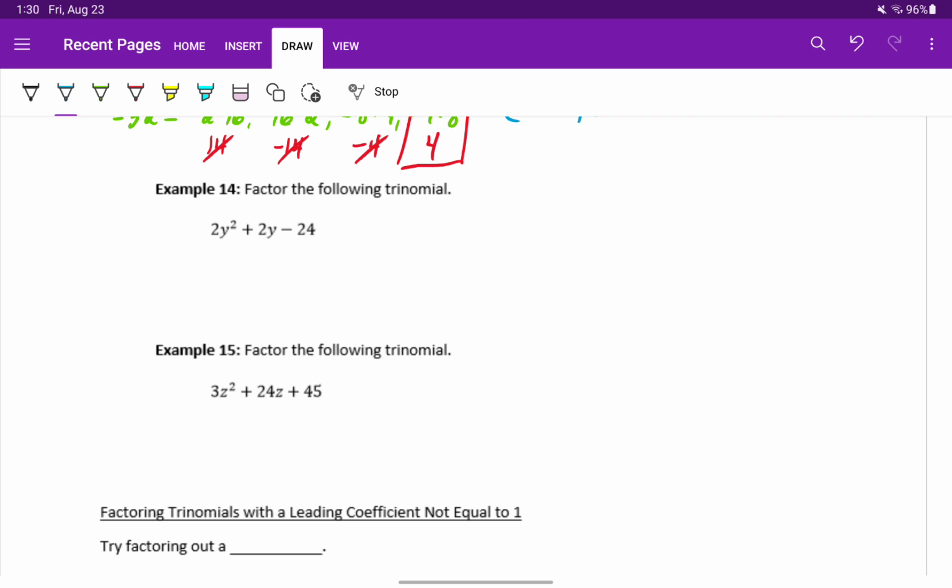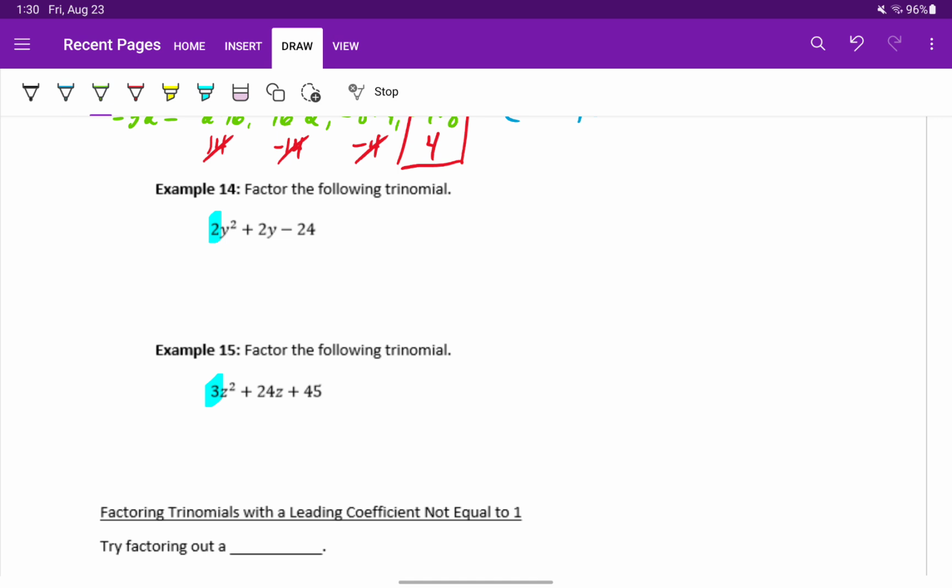Examples 14 and 15 look a little bit different than those last two because now what we have is a coefficient not equal to 1. But we haven't discussed how to factor a type problem like that yet. In this case, what we want to use is a simpler trick than what we move on to next, and that is to go back to that idea of finding a greatest common factor.